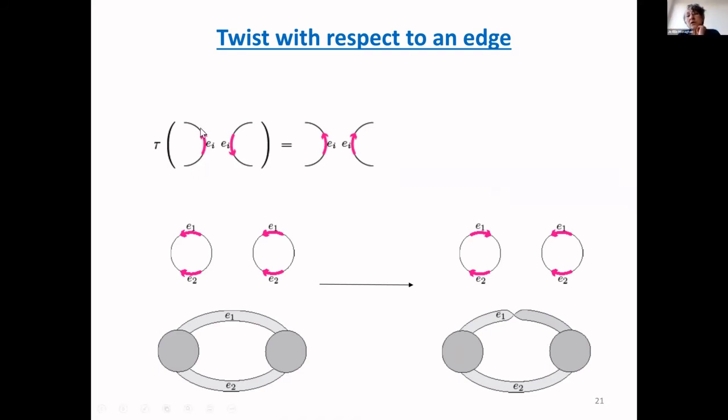So to do the twist, you've got an edge E_i that connects these two little arcs on the disk. And all I do is reverse the direction of one of those little arrows. Okay, and that's how you form this twist.